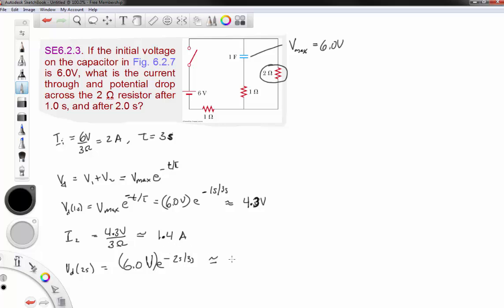So we'll round that to 3.1 volts. And so the current through the resistor now would be 3.1 volts divided by 3 ohms, and so that is approximately 1.02, so 1.0 amps.